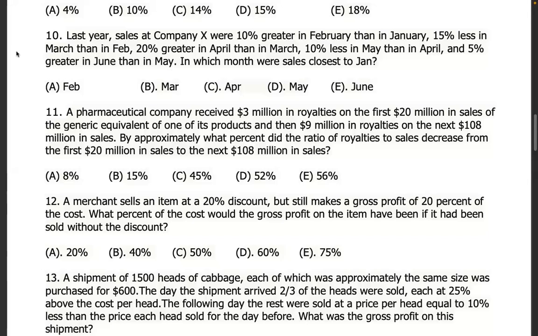Fine. What percent of the cost price would the gross profit on the item have been if it had been sold without discount? Calculate cost price and then everything is easy, right?